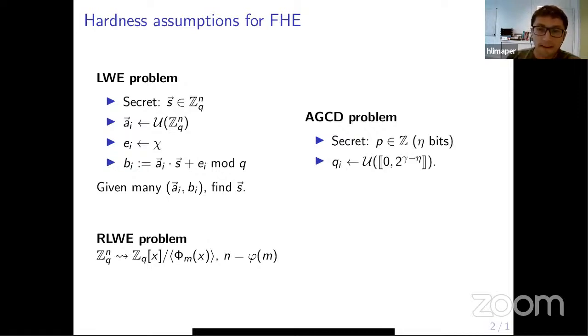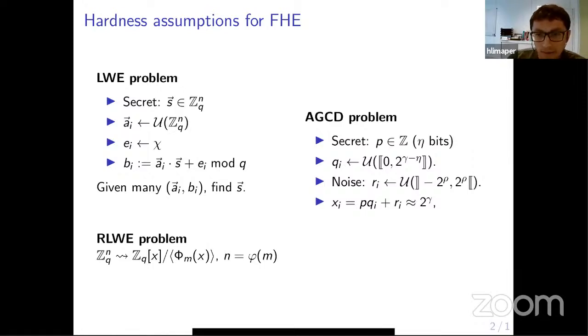We sample uniform elements Q and noise elements R, and then we have the AGCD samples of this form: P times Q plus some noise, so a multiple of P plus some noise. The problem is, given these approximate multiples of P, we have to recover P itself.